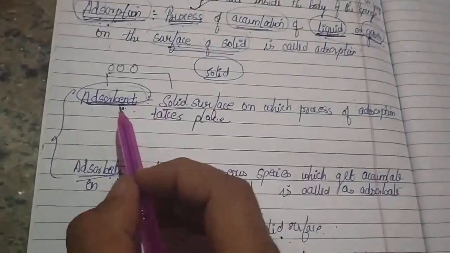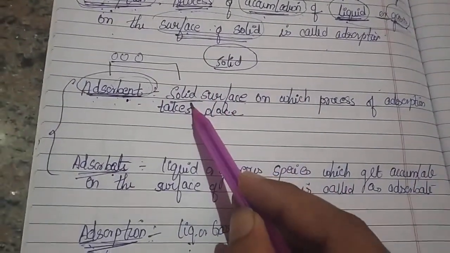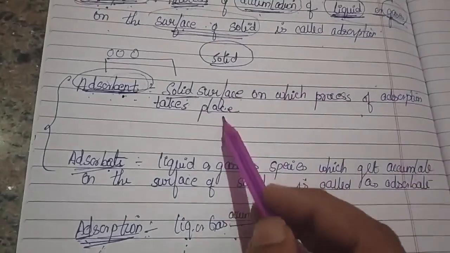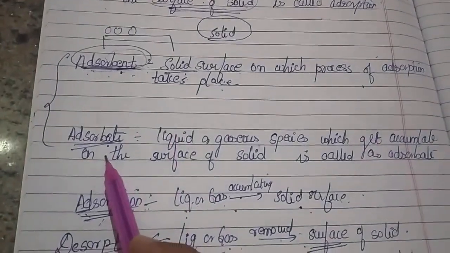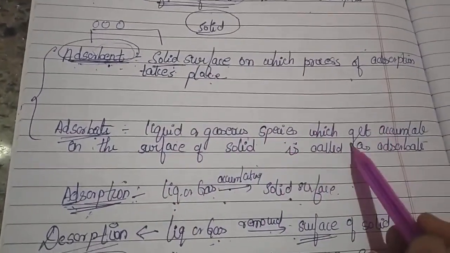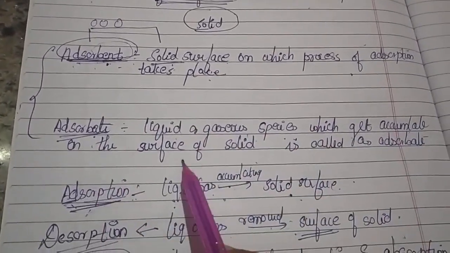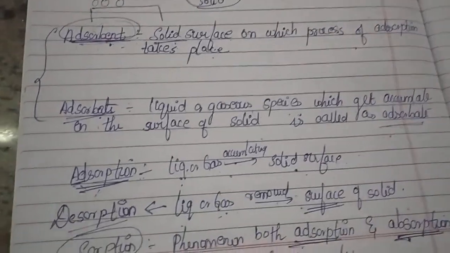First and foremost is the adsorbent. That is a solid surface on which the process of adsorption takes place. It's called the adsorbent. What do you mean by adsorbate then? It's a liquid or gaseous species which gets accumulated on the surface of the solid. It is called the adsorbate.